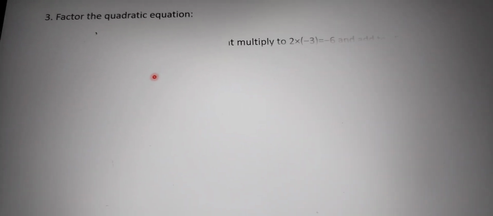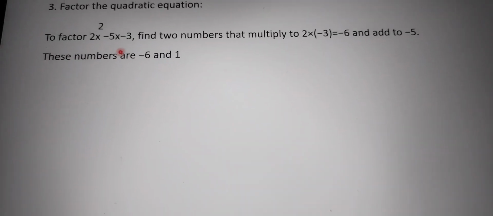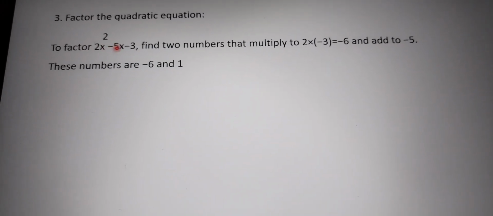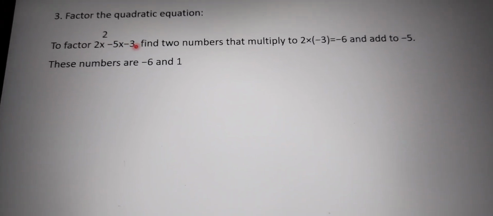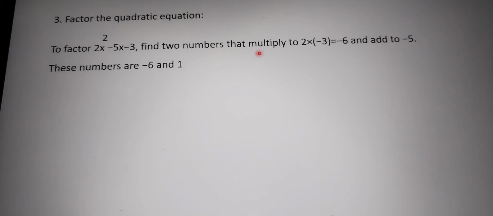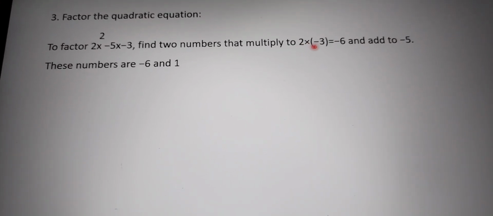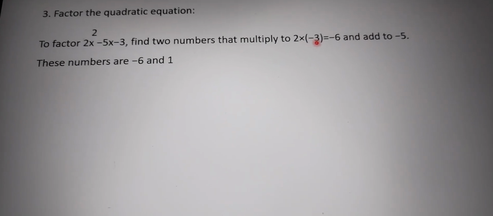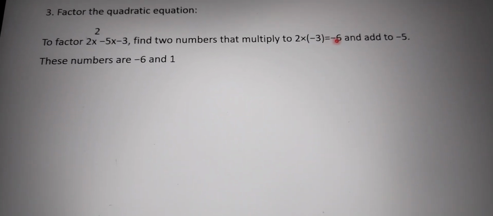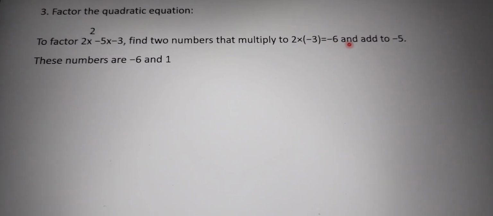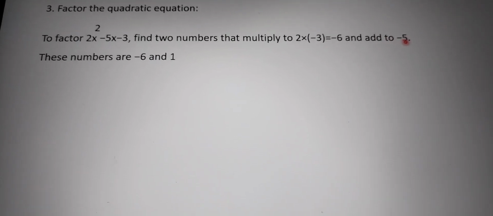Then we are going to factor the quadratic equation. To factor 2x squared minus 5x minus 3, find two numbers that multiply to 2 times negative 3, which is negative 6, and add to negative 5.